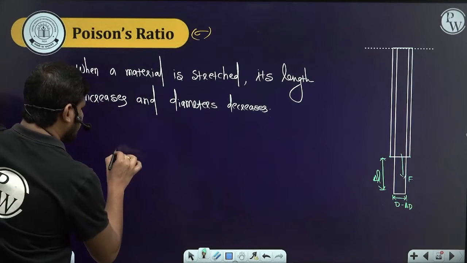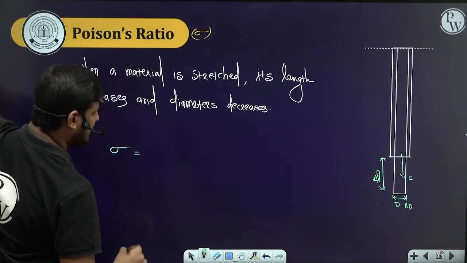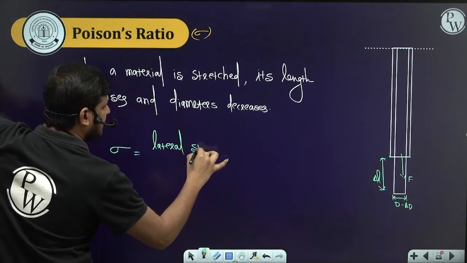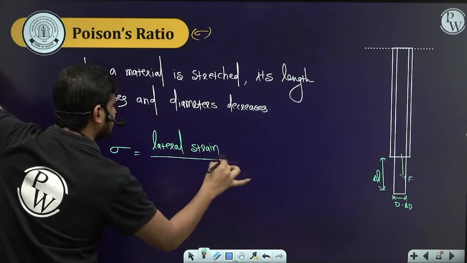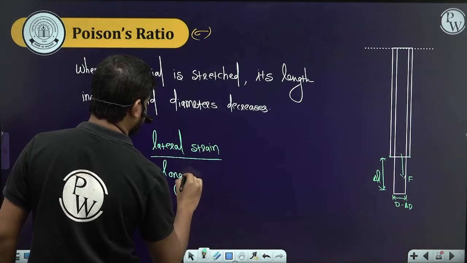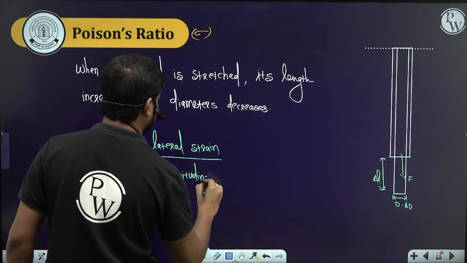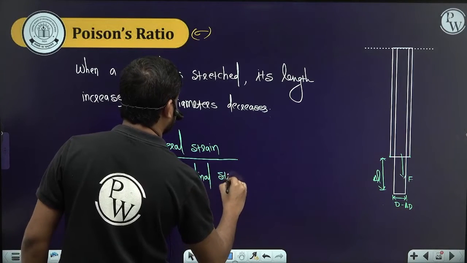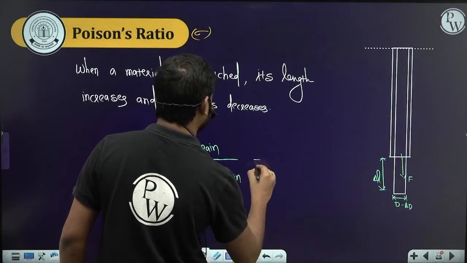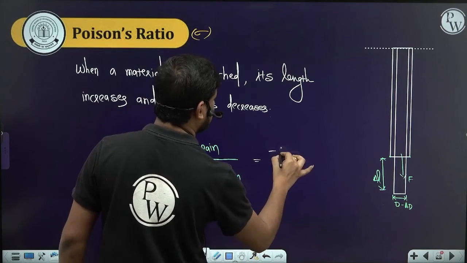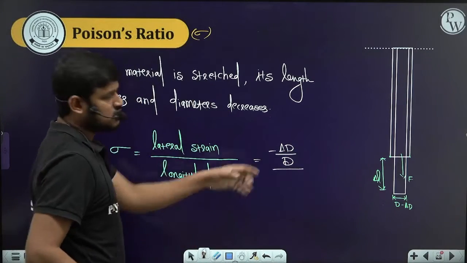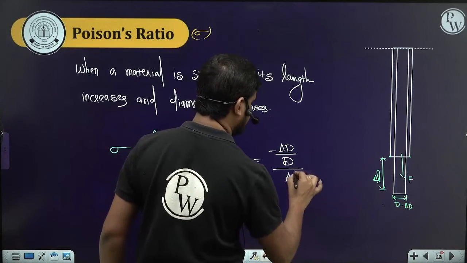Now the Poisson's ratio sigma can be written as the lateral strain by the longitudinal strain. We already know the formula for the lateral strain. Here the diameter is decreasing, so delta D by D. The longitudinal strain means the change in the length by the original length.